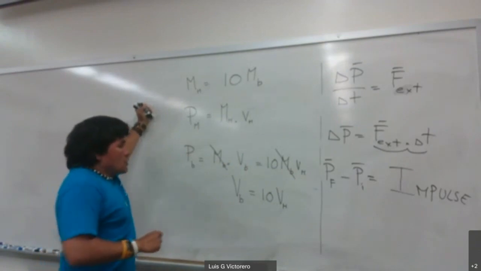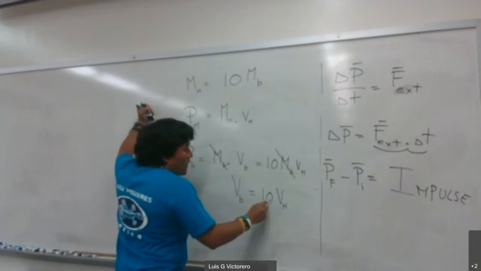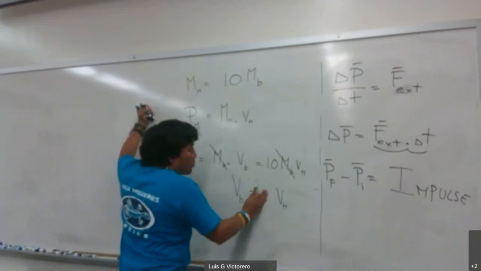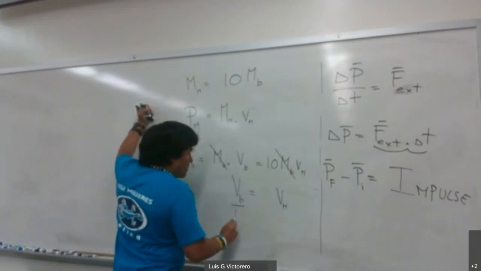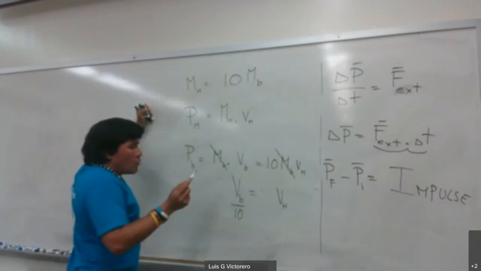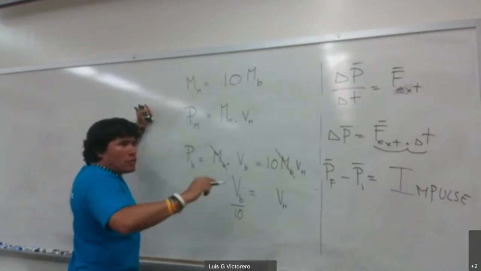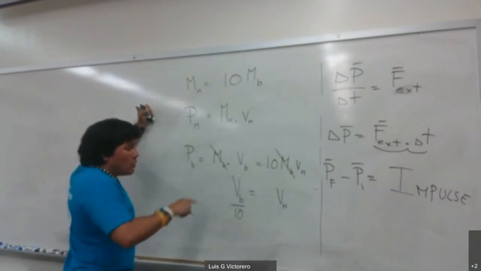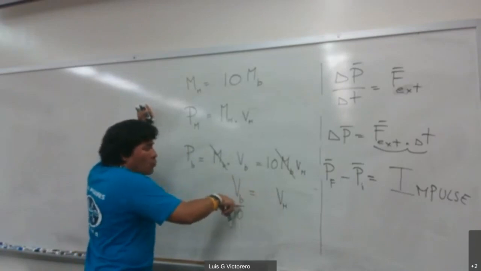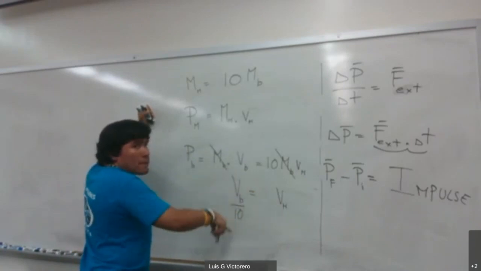So the velocity of the medicine ball will have to be a tenth. Not bad, right? If you have the same linear momentum, the medicine ball will have to be basically 10% of the velocity of the baseball.